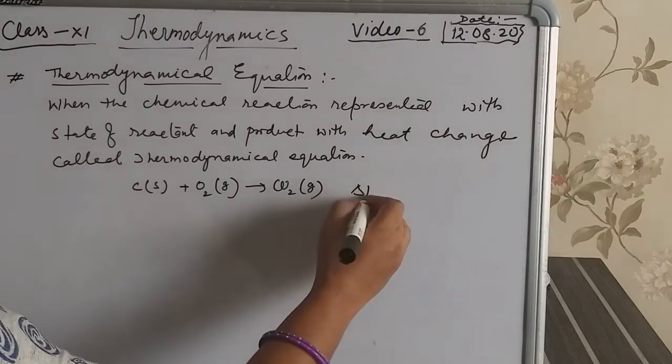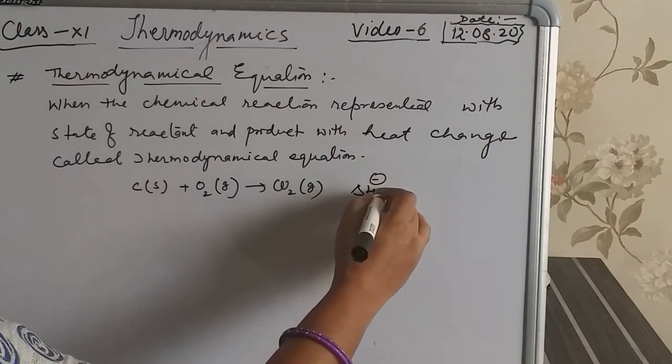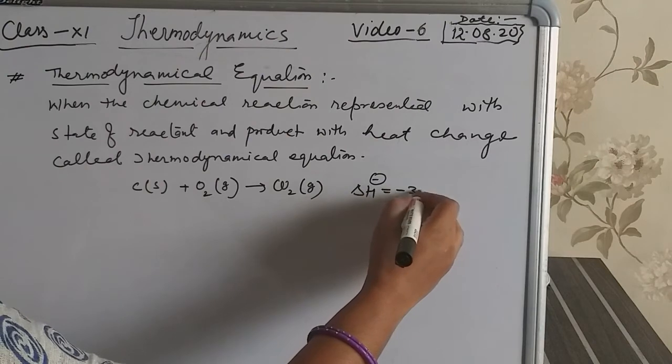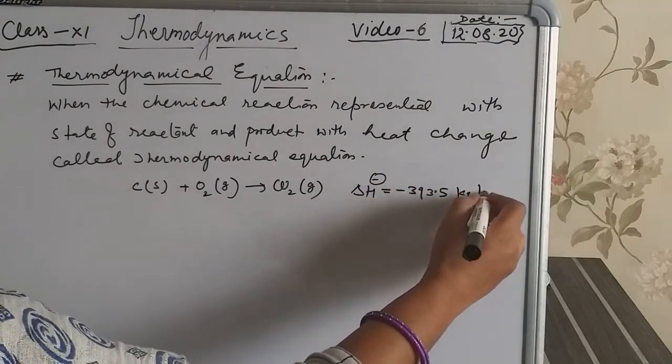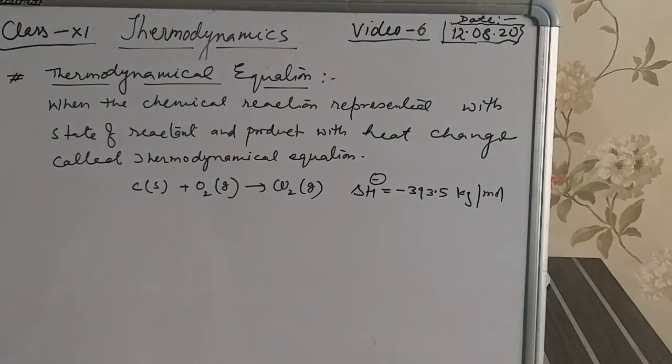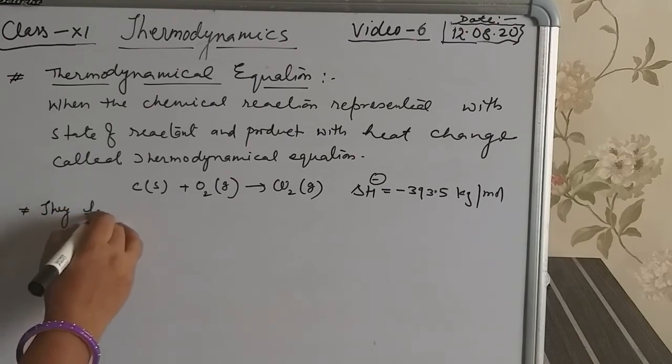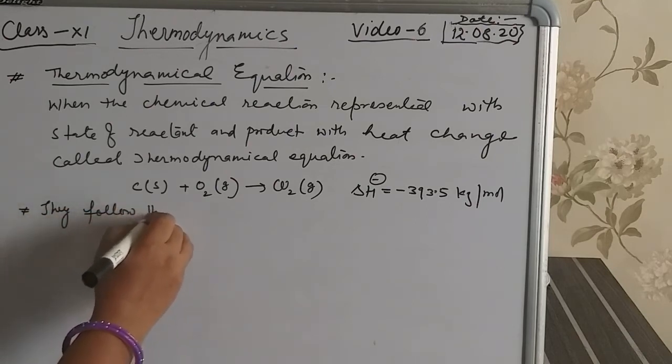So enthalpy is equal to minus 393.5 kilojoule per mole. They follow three rules.